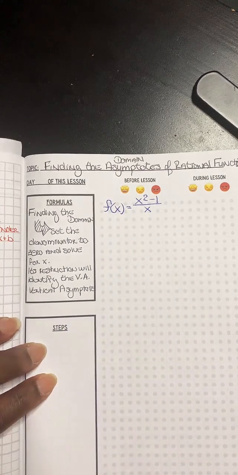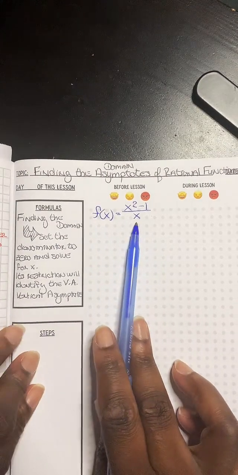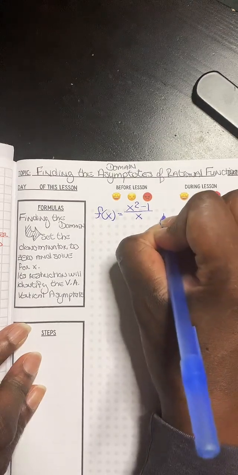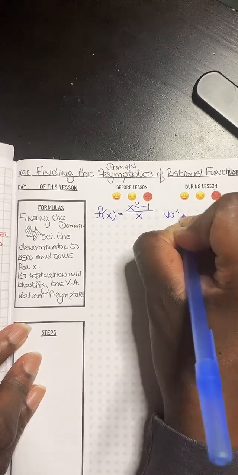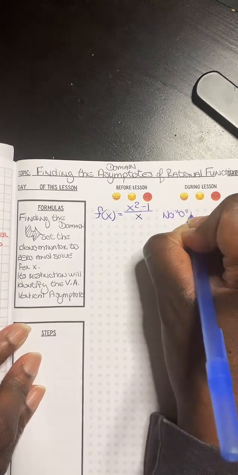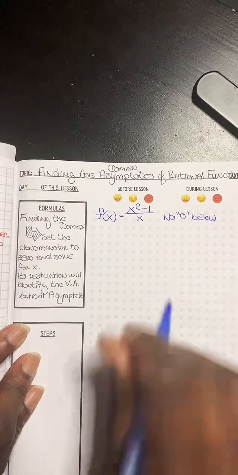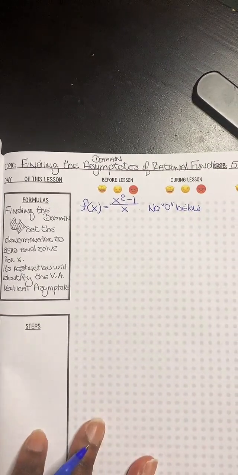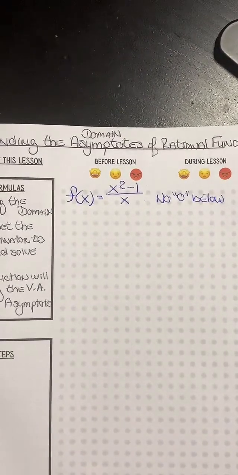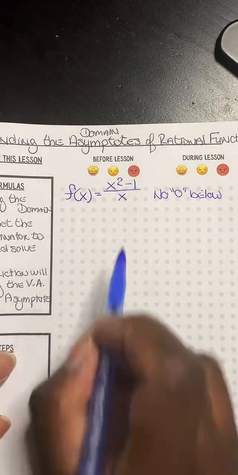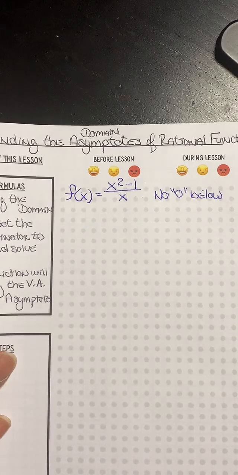Every time I see a fraction, I always like to say, no 0 below. We do not want a 0 in that denominator, but we need to figure out what number is going to make it undefined.